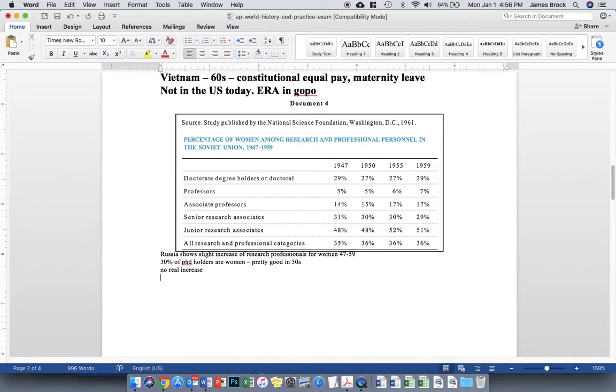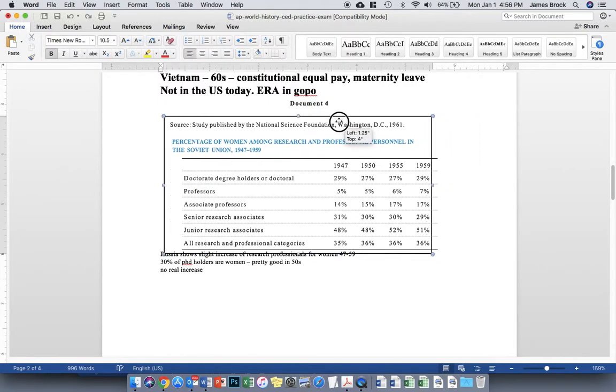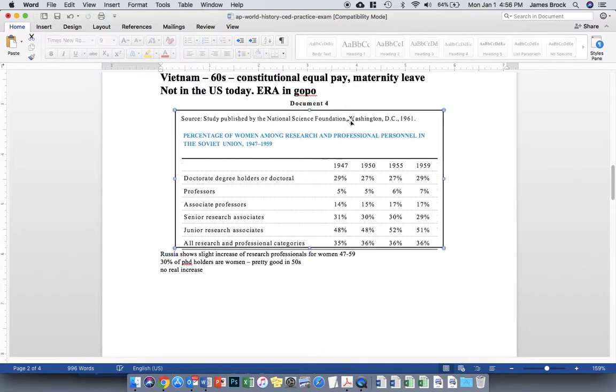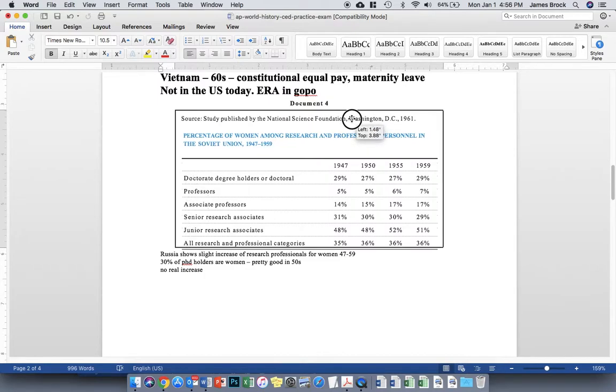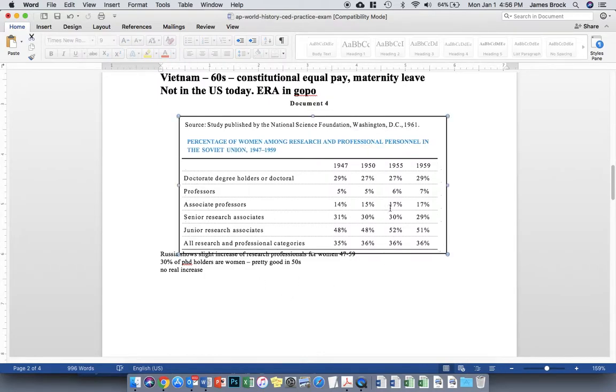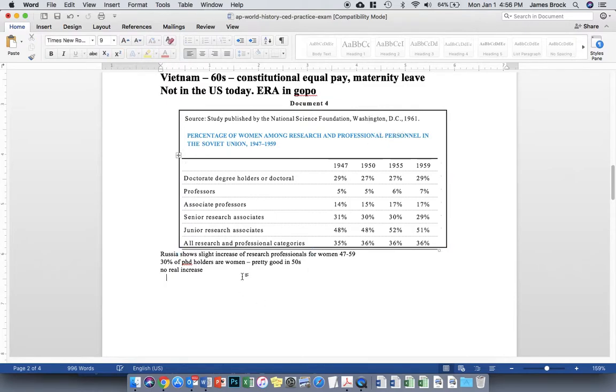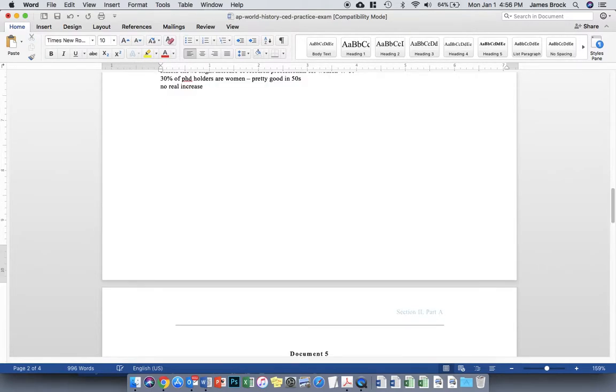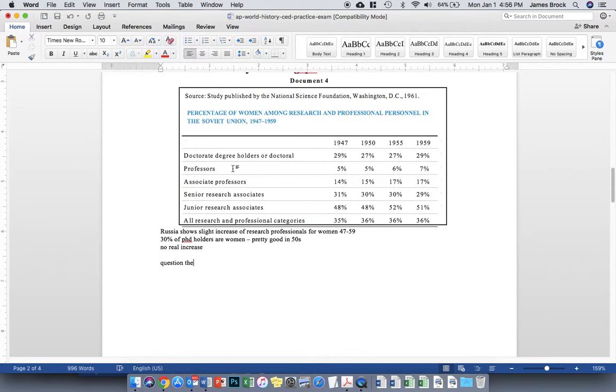And then something really important here is who wrote it. I can't highlight it, but I can see it's from the US. And I really need to question the author because of the Cold War.